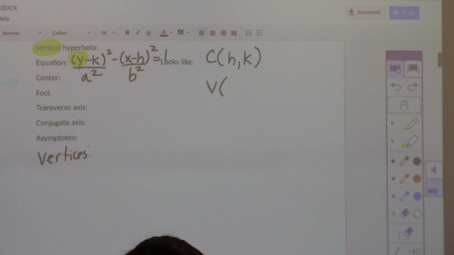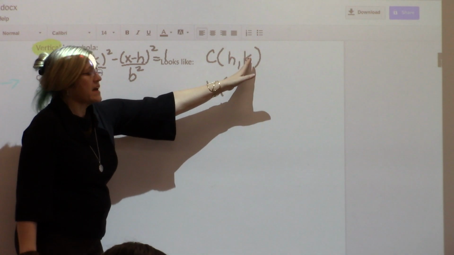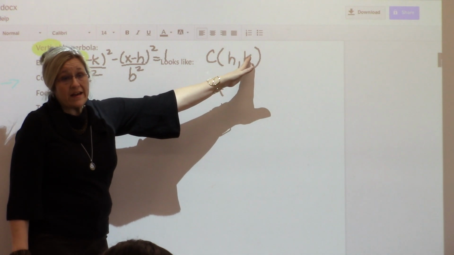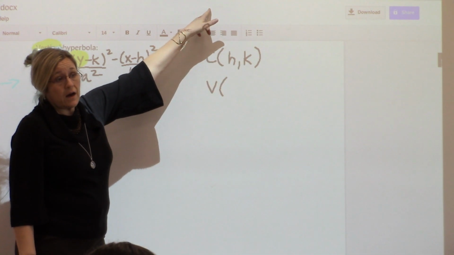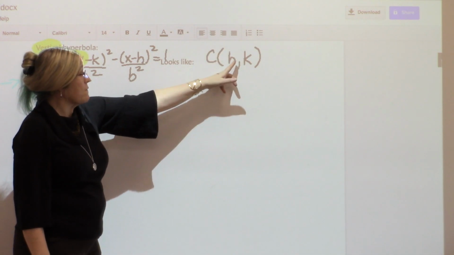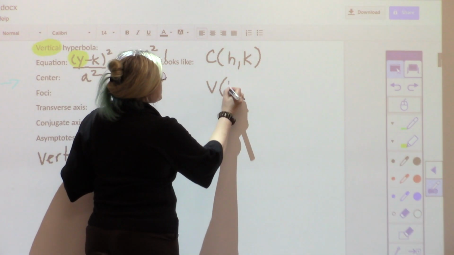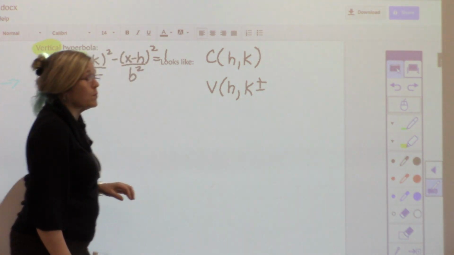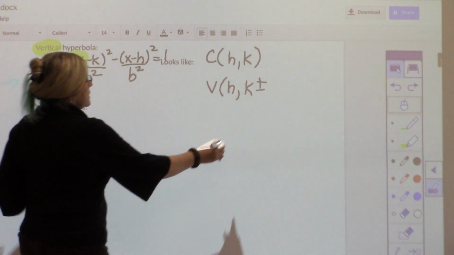It's a, isn't it? So which one's going to change if this thing is oriented vertically? Is the h going to change or is the k going to change? Why the k? Because we're going up or down, and that would affect the y, which is k. So the h is going to stay the same, and the k is going to change up or down by how much? Yeah, a.